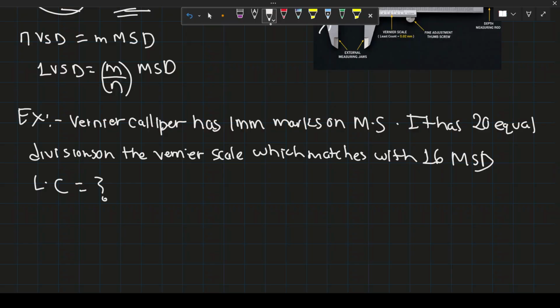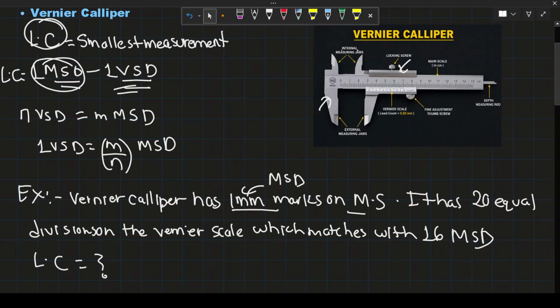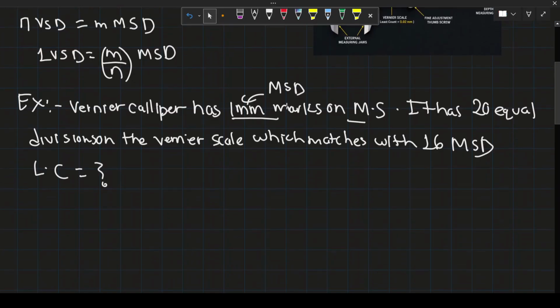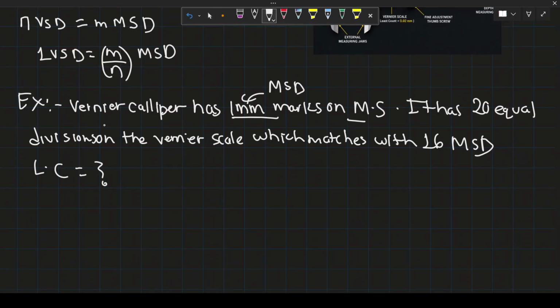Here the vernier caliper has 1 millimeter marks on the main scale. So this is basically your MSD, and we need to find out VSD. I told you earlier how you find it. You just equate the number of vernier scale divisions into VSD with number of main scale divisions into MSD. So they say 20 equal divisions on the vernier scale. It is 20 VSD is equals to 16 MSD.